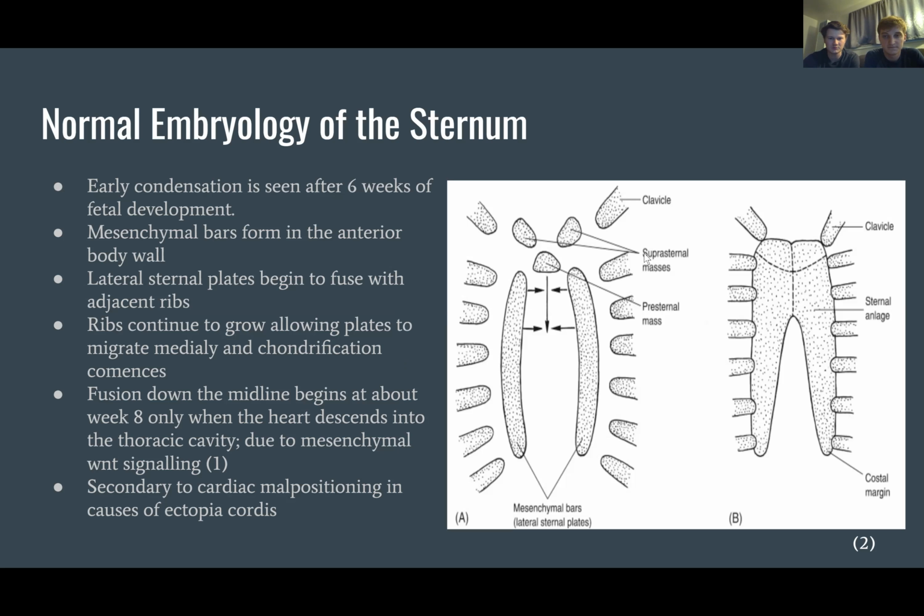Once they connect, the ribs will continue to grow medially towards the center of this embryo's body line. As that medial growth continues, they're allowed to touch one another and eventually will fuse down that midline around week 8, corresponding with the heart descending down into the thoracic cavity like we talked about before. This is usually done through the mesenchymal Wnt signaling that we will talk about in our next slide.